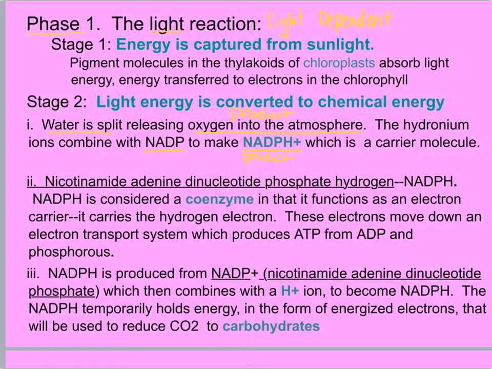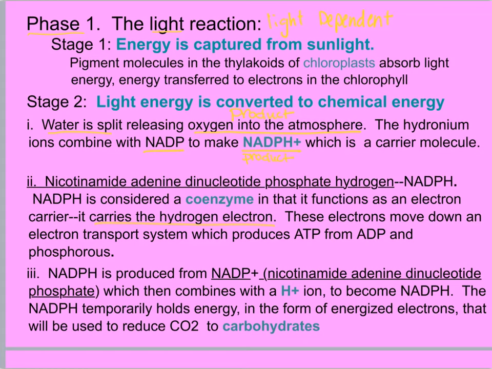So if you remember when we talked about photons, sometimes the photon can cause the electron to get bumped out, and it can kind of excite the electron. So that's kind of what happened here. So anyway, it carries the hydrogen electron. So it was NADP, now it's NADPH because it's carrying that hydrogen electron.